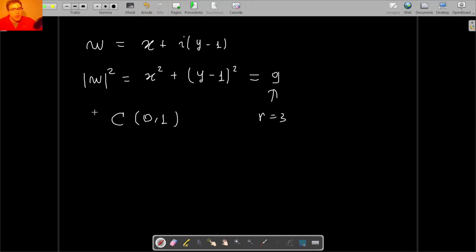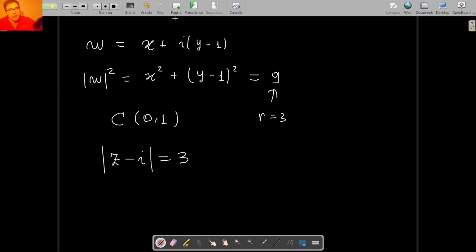So the complex numbers z which solve the equation, yes, we return to z, are those with z minus i in modulus equal to 3.